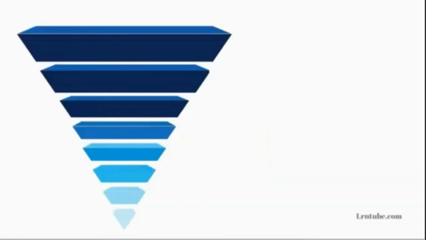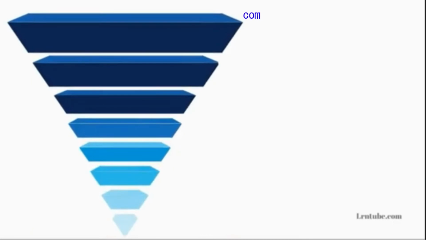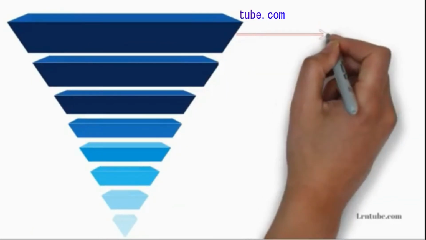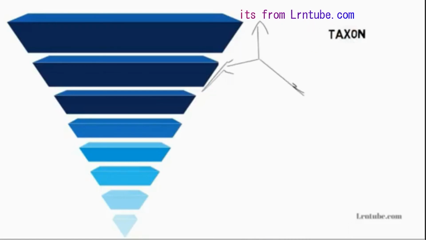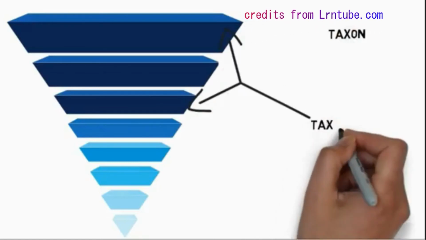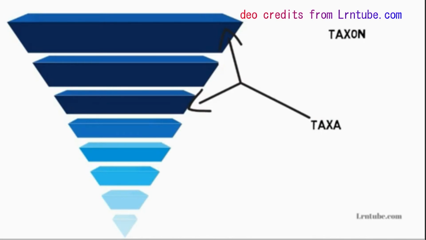Linnaeus developed a hierarchy of groups for taxonomy to distinguish different levels of similarity. Each classifying group, called taxon, plural taxa, is subdivided into other groups.